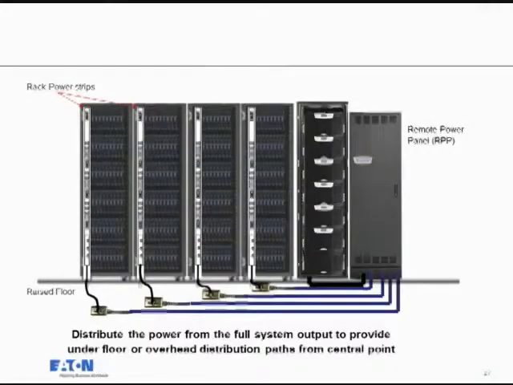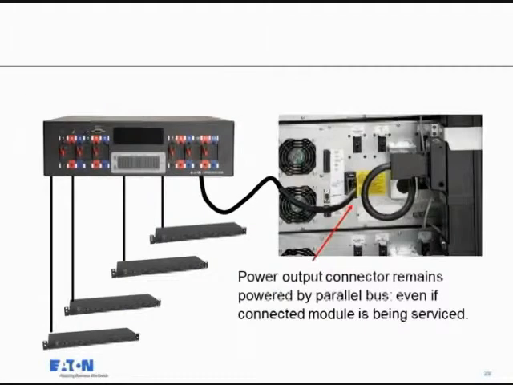Now, think back here. Each of these UPSs is a standalone UPS system. As such, each of these UPSs has an output, right? When I use it as a standalone, it's got to have an output. When I combine them together in a parallel system, I'm kind of combining all of these outputs.